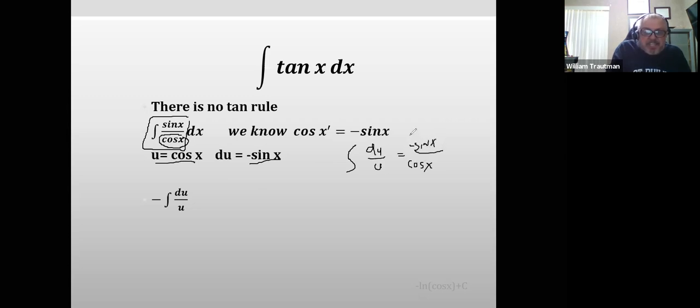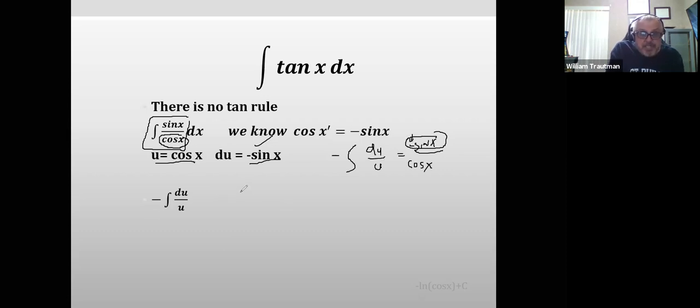So that negative changes everything, because the original problem doesn't have a negative there. Anything that changes, we have to fix so it stays positive, because that's an extra negative, just like if it was an extra whole number. So if we put the negative in front, that counteracts the negative in the negative sine x. The negative changes to a positive.